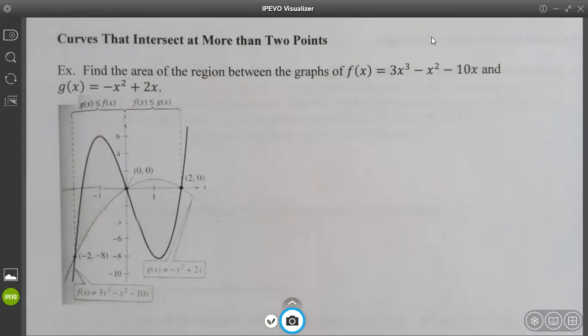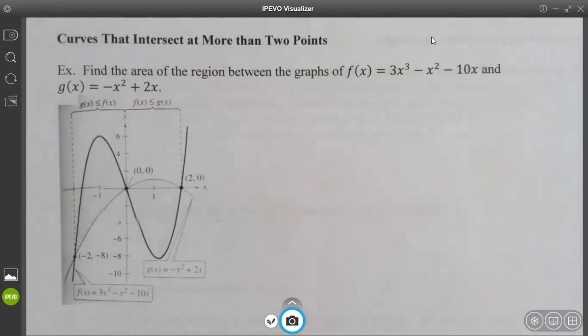Find the area of the region between the graphs of f of x equals 3x cubed minus x squared minus 10x and g of x equals negative x squared plus 2x. So what do we do? Let's talk about this a little bit before we start yelling stuff out.